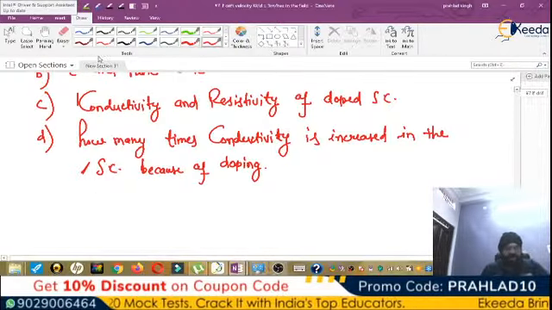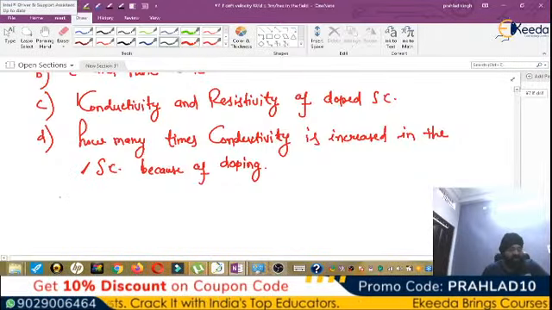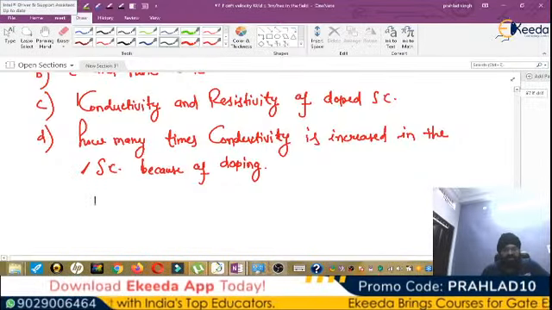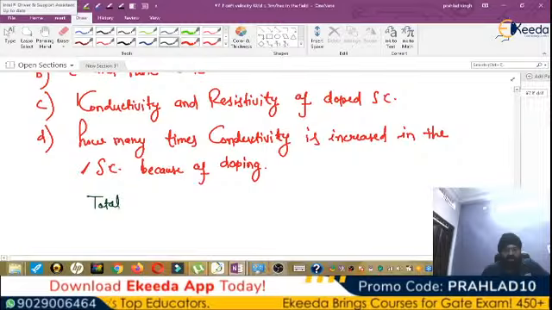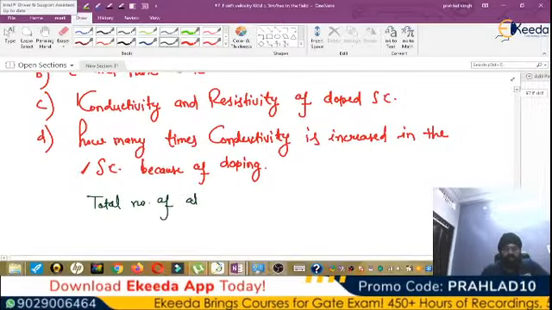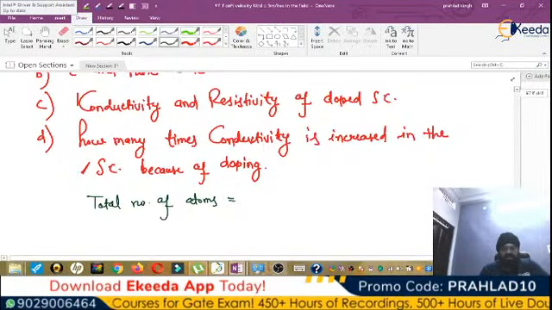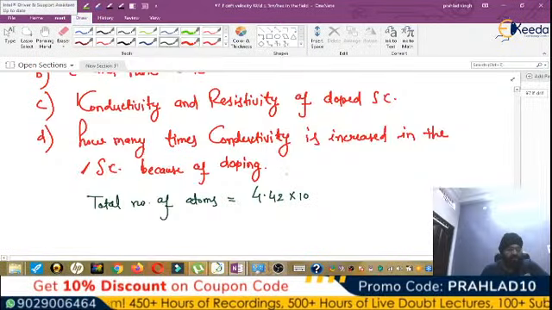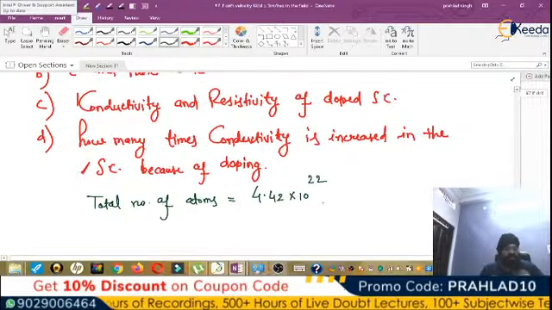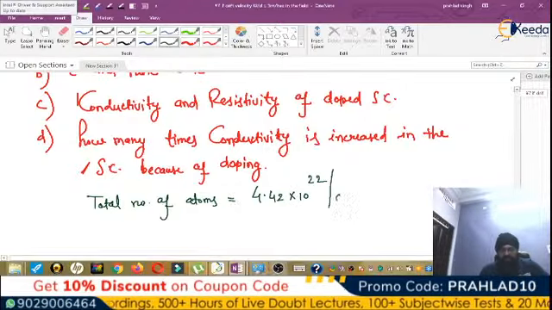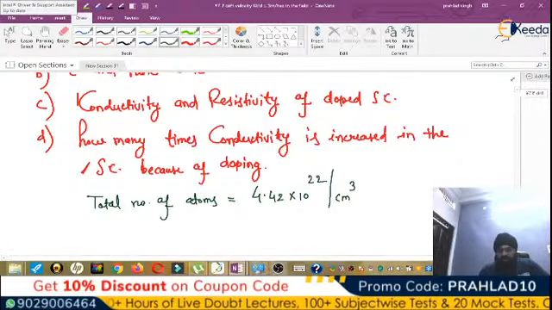Okay, so here some parameters are given, like the total number of atoms, which is 4.42 into 10 to the power 22 per centimeter cube.